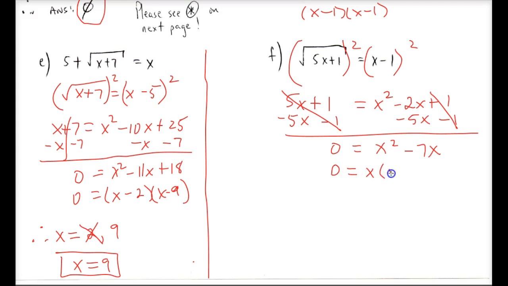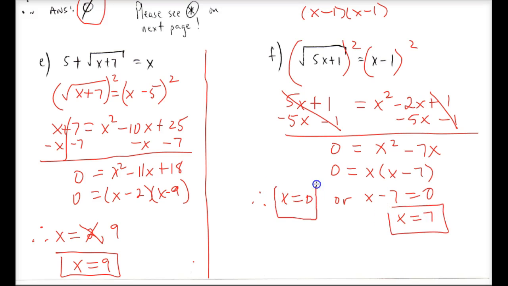So here we factor out common factor of x. And so now that means that either x is equal to 0 or x minus 7 is equal to 0. And if we add 7 to both sides here, we see that x is 7. So here, x is either equal to 0 or x is equal to 7.